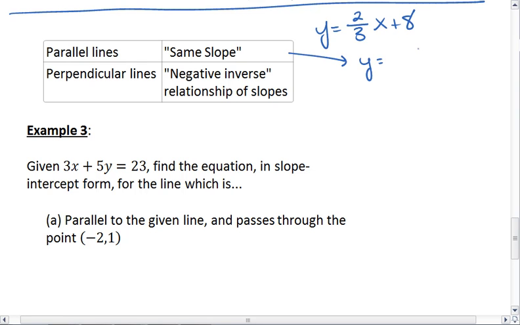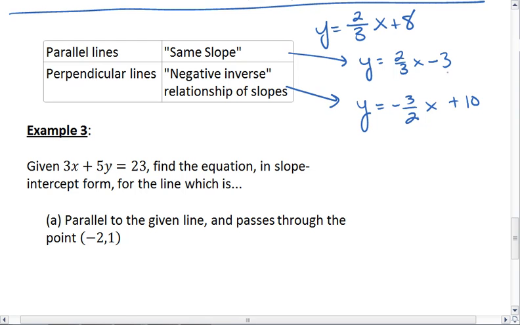For example, 2/3 x minus 3 would be a parallel line. Perpendicular lines have the negative inverse for the slope. So an example of a perpendicular line would be y equals -3/2 x plus 10.